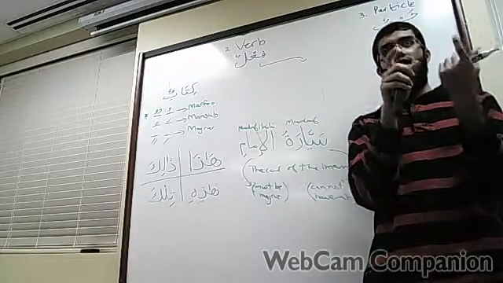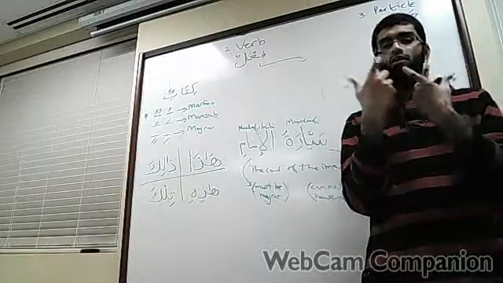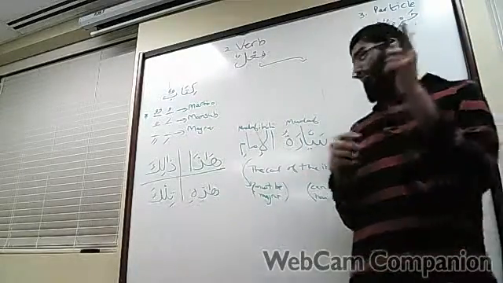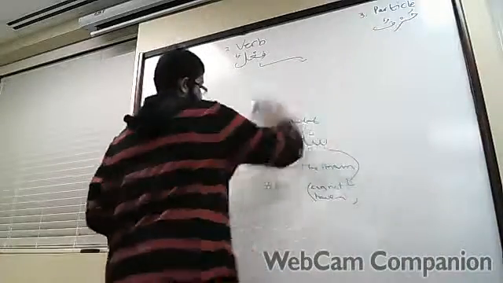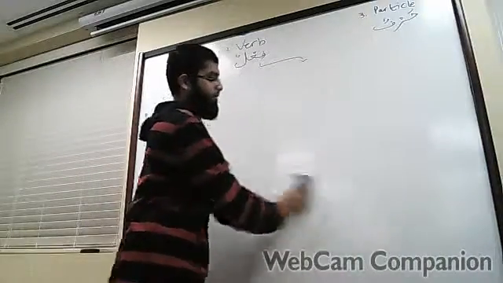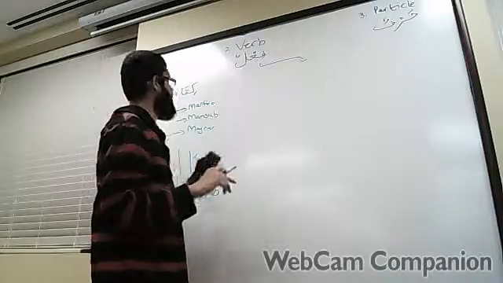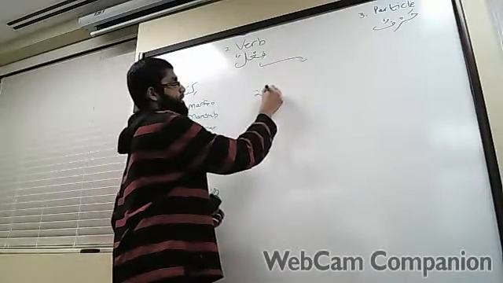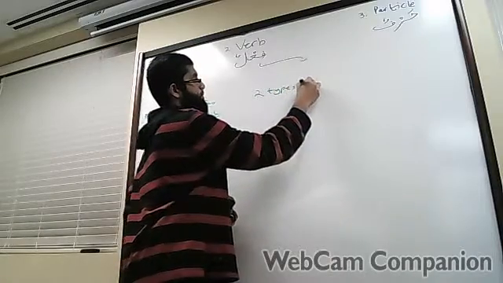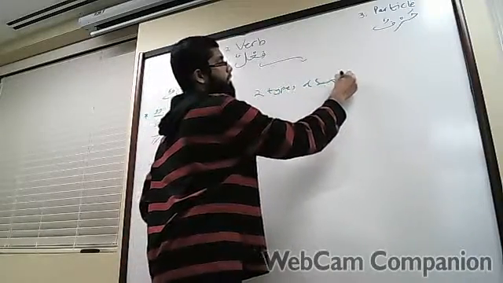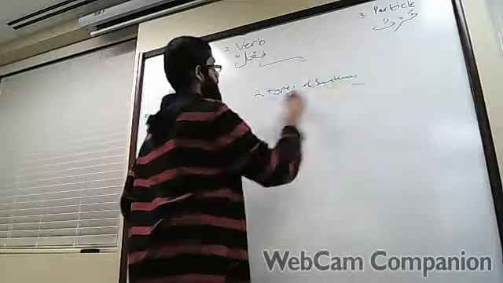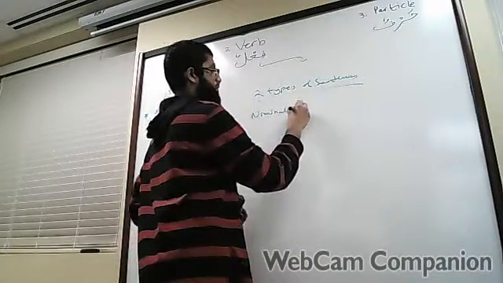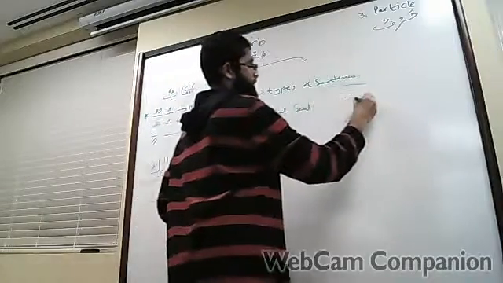They match in the al or no al, and all that. So that's when they match. Actually, let me take a step back. We learned the two types of sentences, right? What are they? Nominal sentence and verbal sentence, right?